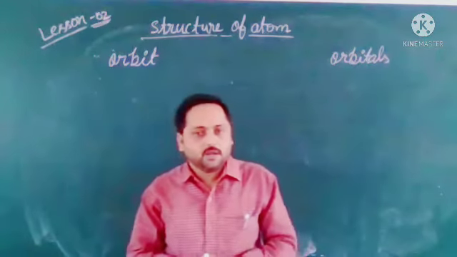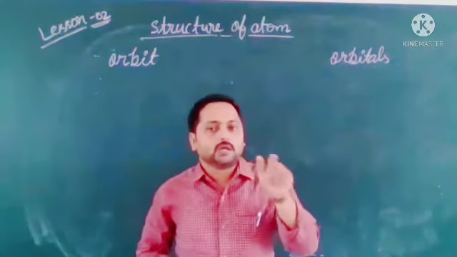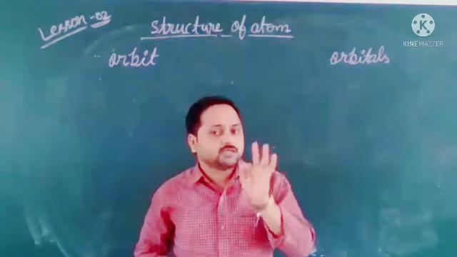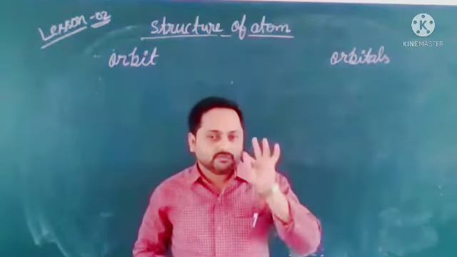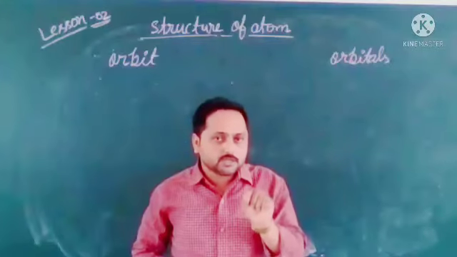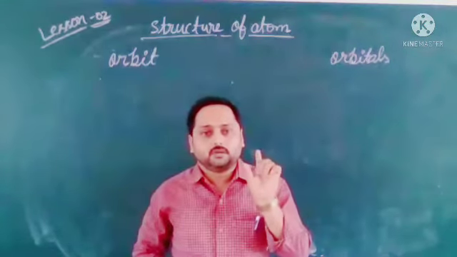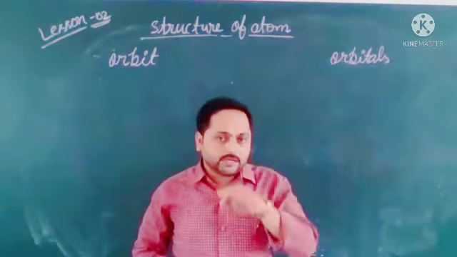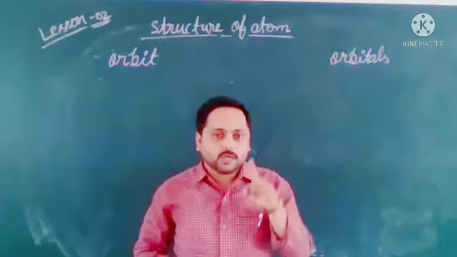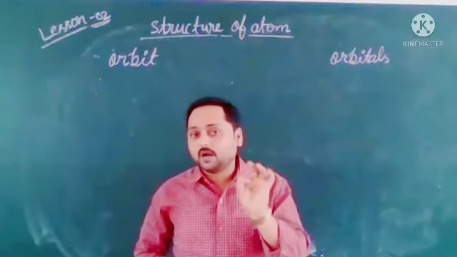The continuous path around the nucleus in which electrons revolve is called orbit.